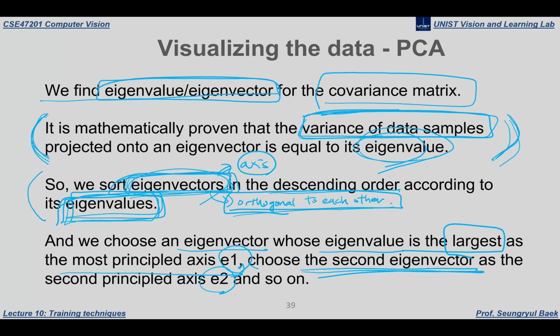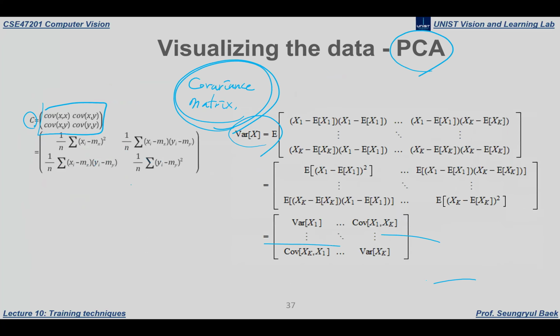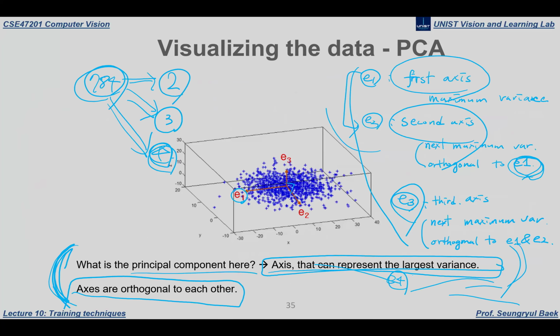So this is how we obtain the principal components from arbitrary feature vectors. The concept is to find the axis that has the largest variance, and the axes have to be orthogonal to each other.